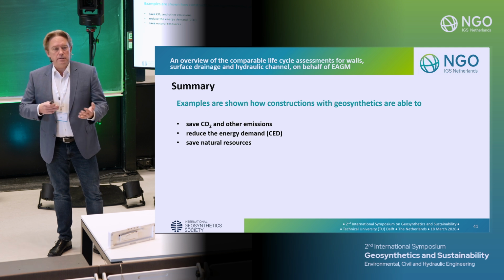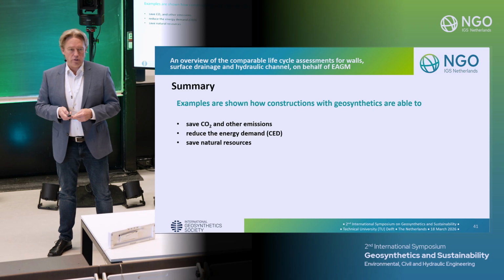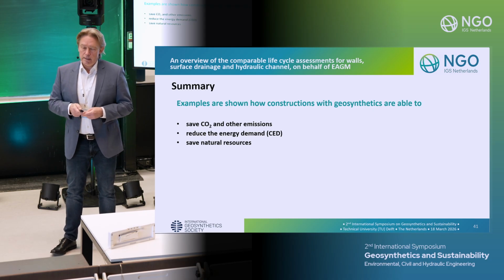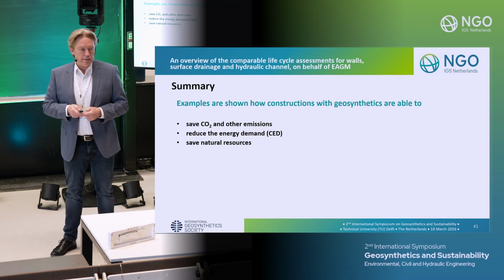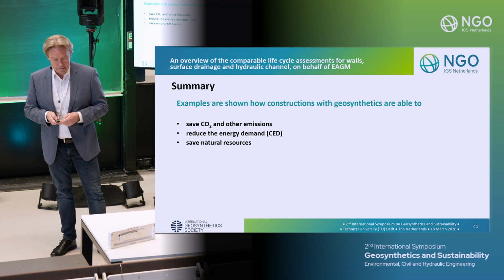The differences vary. Sometimes it's less, sometimes it's more, but always you can see there is a reduction. We reduce the energy demand, and we also save natural resources. For example, the thing that Kent explained with GCLs instead of using a compacted clay liner. This is not a case which we have evaluated as EAGM, but it shows the same. You save so many natural resources, for example, the clay in this case.